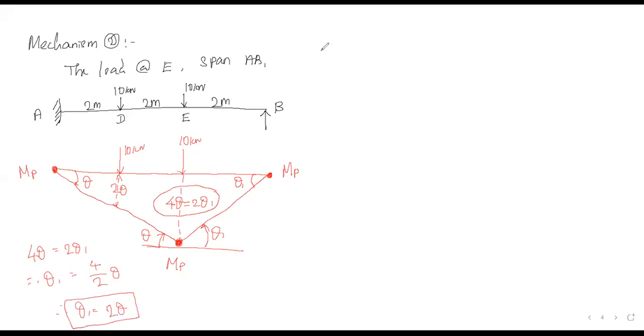Now let us move on to the plastic movement of the section of the span AB under the load E. So as per virtual work method, internal work done is equal to external work done. So internal work done should be because of these plastic hinges.